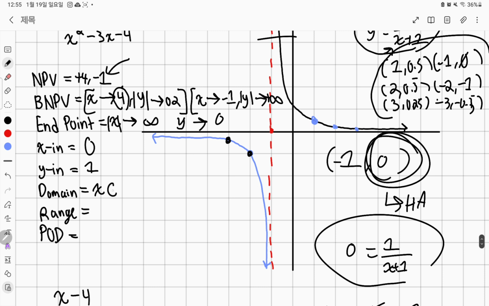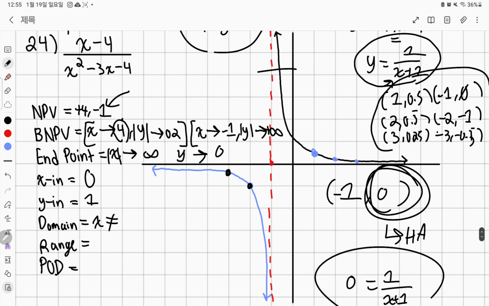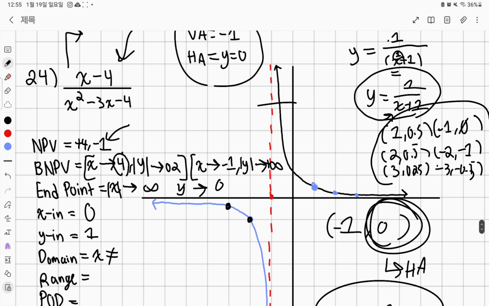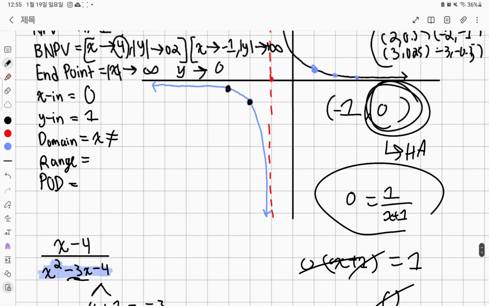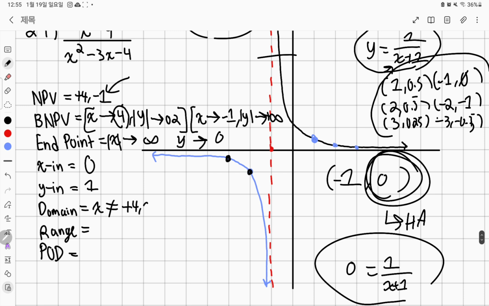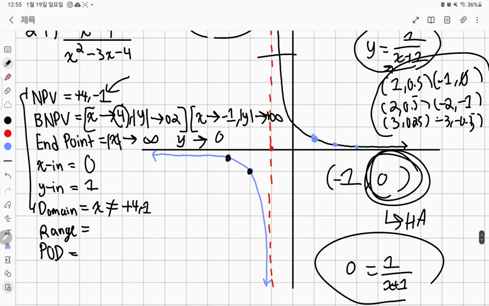Domain. Domain is always when... Oh, sorry, I wrote this up. X can be, x can be what? So you need to think of domain as looking at the original graph one more time. Where's the original graph? Plus 4 and -1. You know that the POD in this domain has the same value, right?